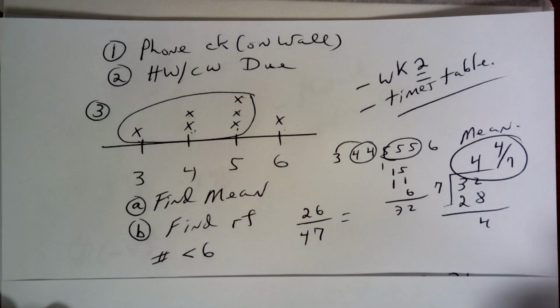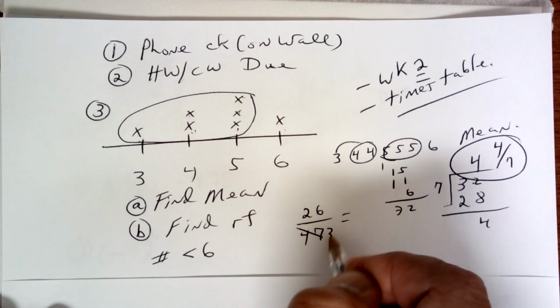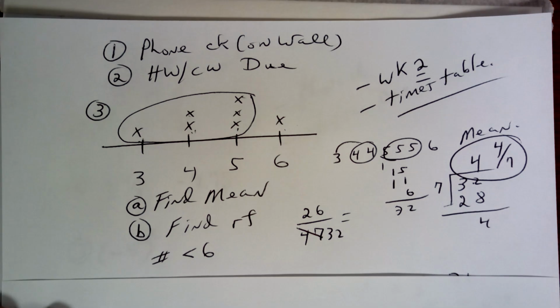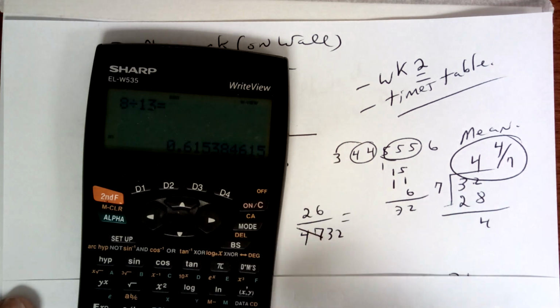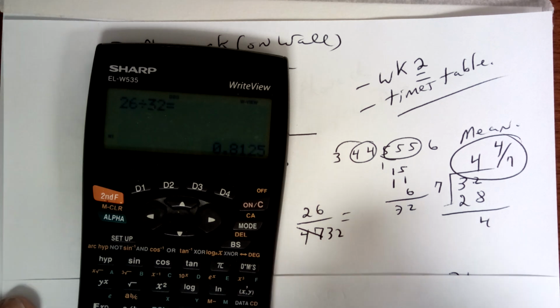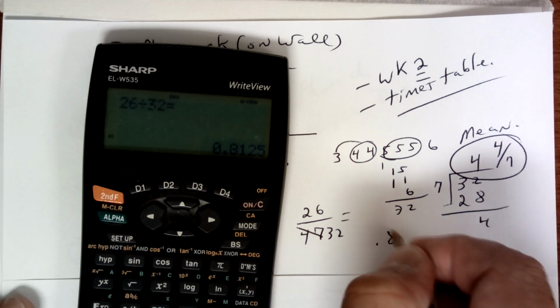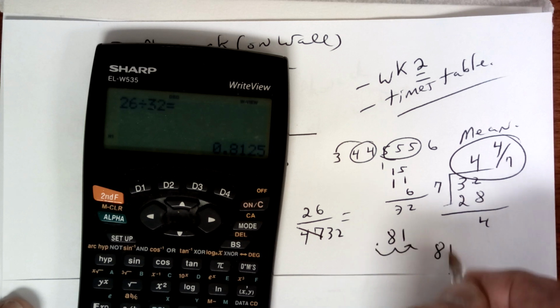And actually the total is 32. So you would take 26 divided by 32. And when you do that, you get 0.81. And as a percent, it would be 81% relative frequency.